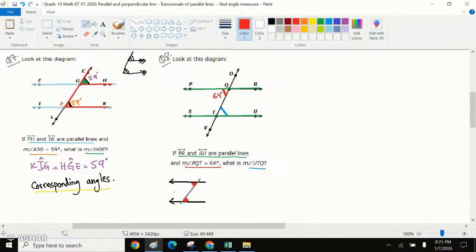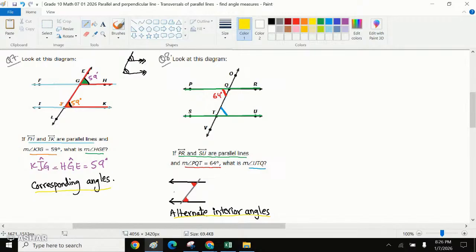So what we say is these two angles are alternate. Are they exterior or interior? Because they are on the inside, they are known as interior angles. Okay, so we can call them alternate interior angles.